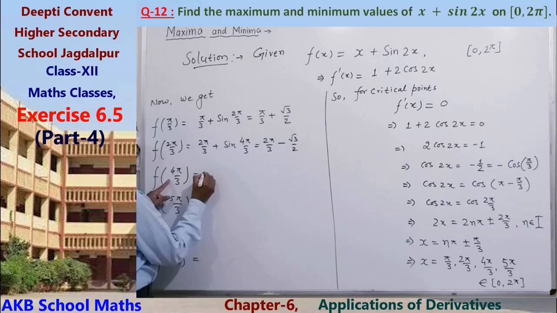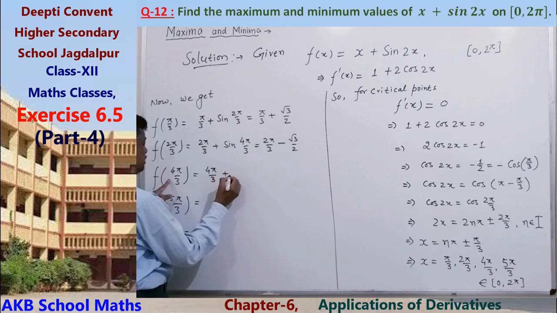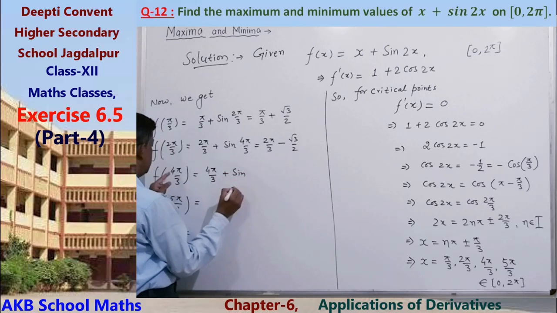Similarly, to get the value of the function at 4 pi by 3, we need sine of 8 pi by 3.